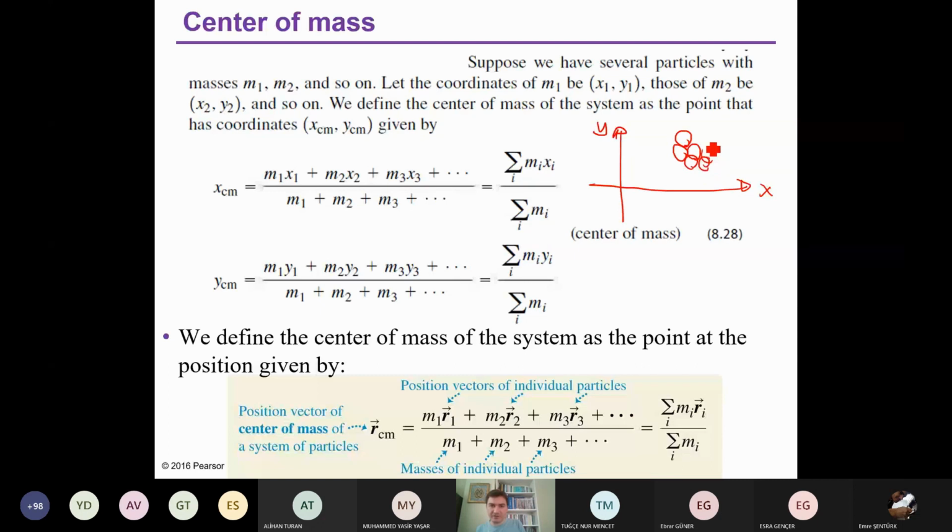This has different positions on the y and x-axis, this has different positions on the y and x-axis, but the center of mass of this system is here. This is the position vector r. This is the position vector for the center of mass of the several particles, which we have learned here.